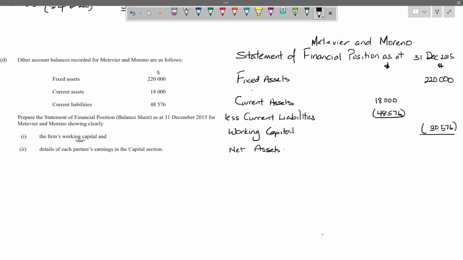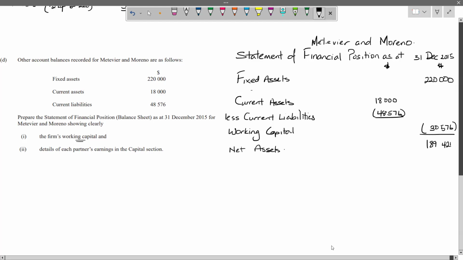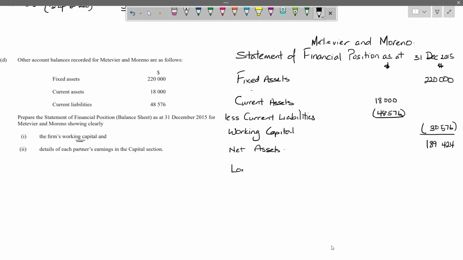We still have to record this figure, and then there's the loan, right? Again, we had that loan. We have long-term liabilities.